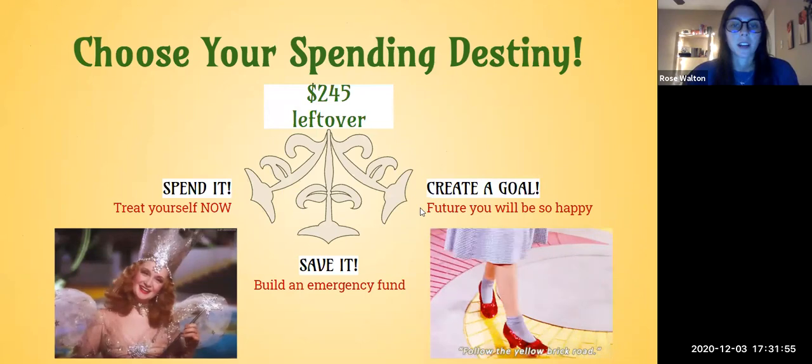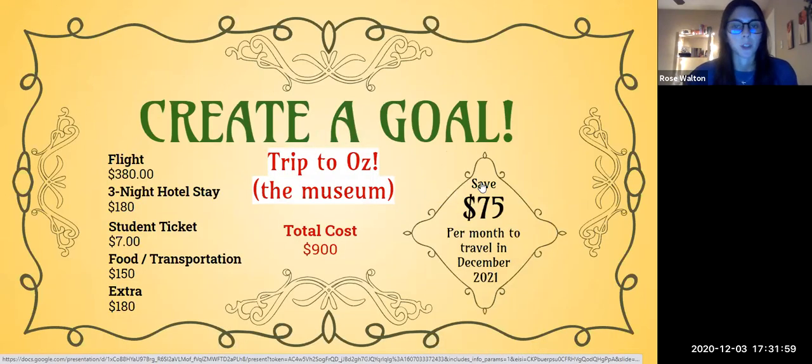Let's say we want to create a goal for ourselves to treat our future selves with something special. This is showing you how to go about budgeting.